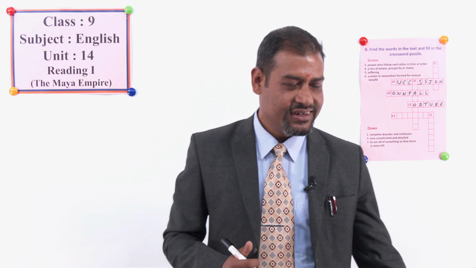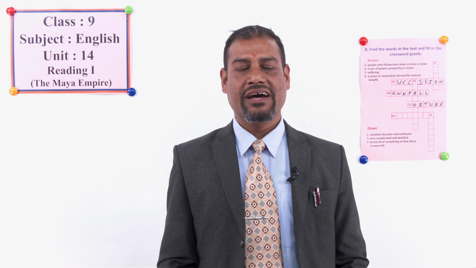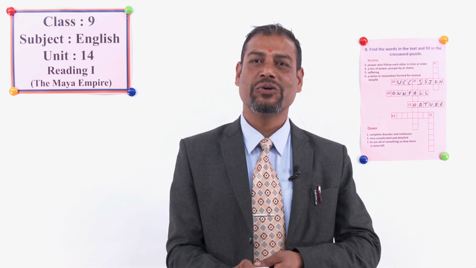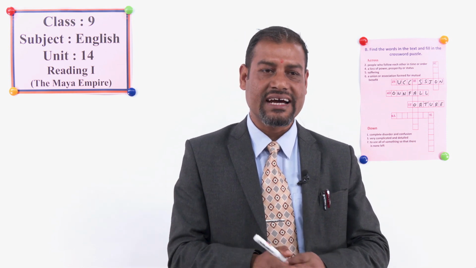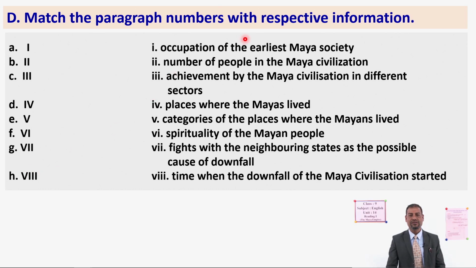Good job. After this, again we have another task, and I just would like to show you an example, okay? So the task is match the paragraph numbers with respective information. So there are 8 paragraphs in this text, and each paragraph has one specific piece of information that gives the conclusion of that paragraph, the gist of the paragraph, okay?